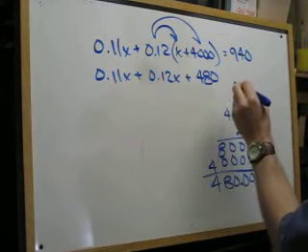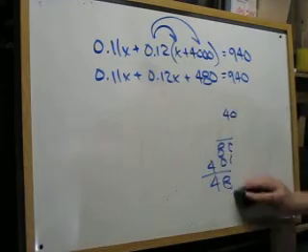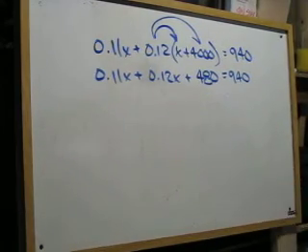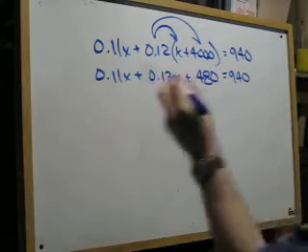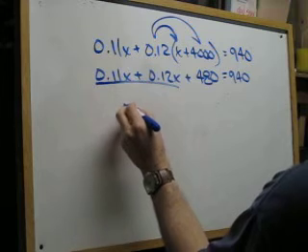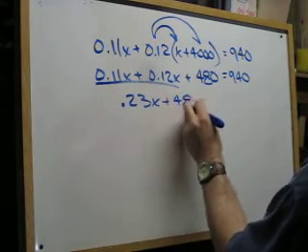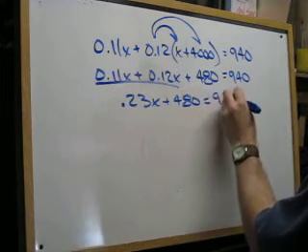And that equals 940. Okay, we're done with that, so we can get rid of that. So combine like terms. Those are like terms. So 0.11 plus 0.12 is 0.23x plus 480 equals 940.